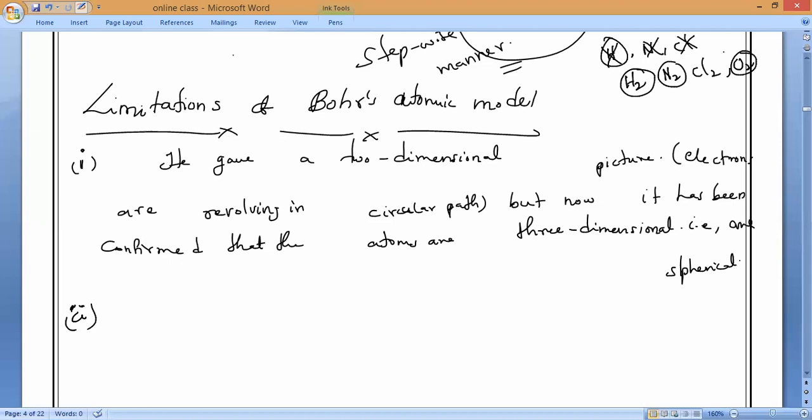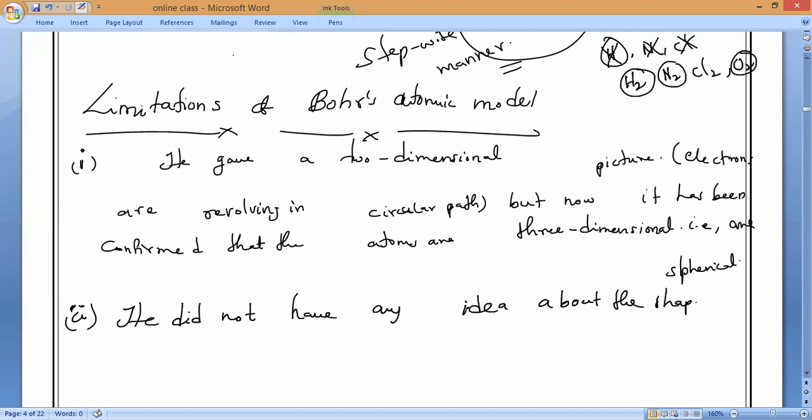So he did not have any idea about the shape of molecules and how molecules are formed. That is the limitation.